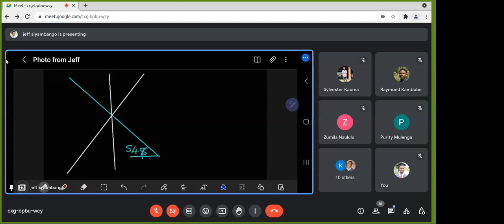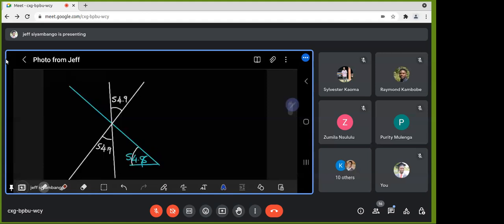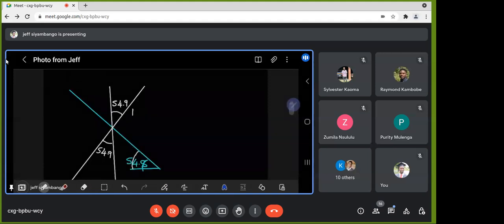So what we saw is that from inclined planes forces, whatever this angle here becomes this angle, 54.9. And these two angles, we know these are alternating angles. These are supposed to be the same. This is 54.9. Then the one on top also has to be 54.9. So this is where PD was.